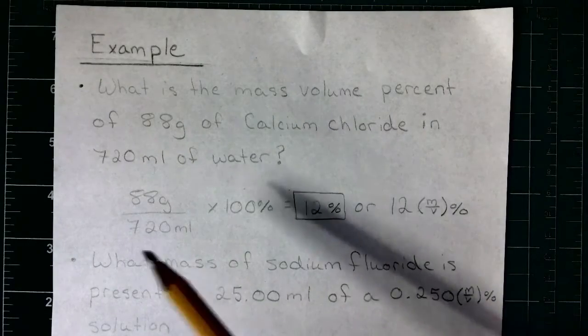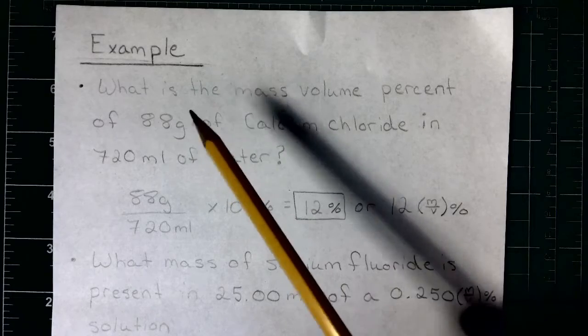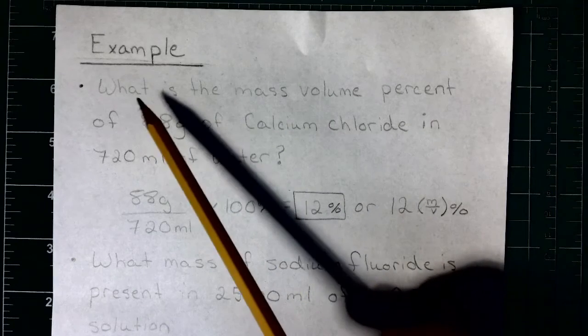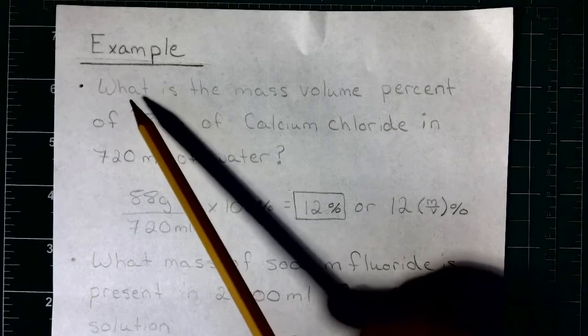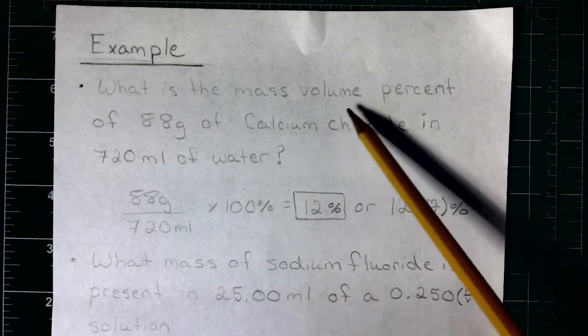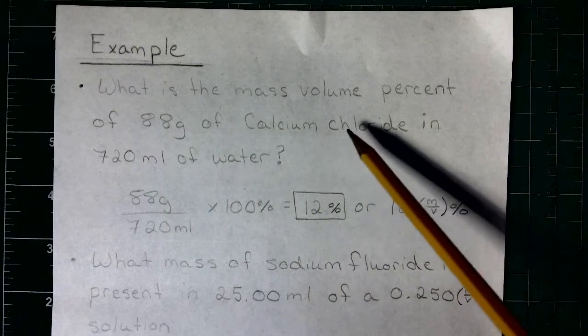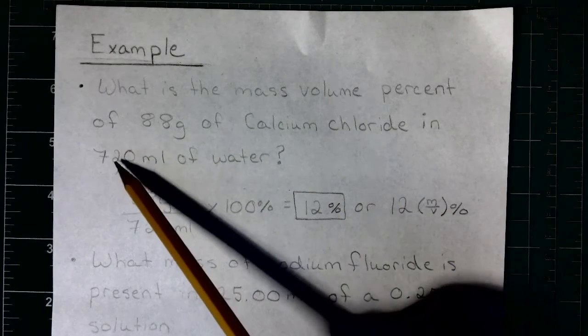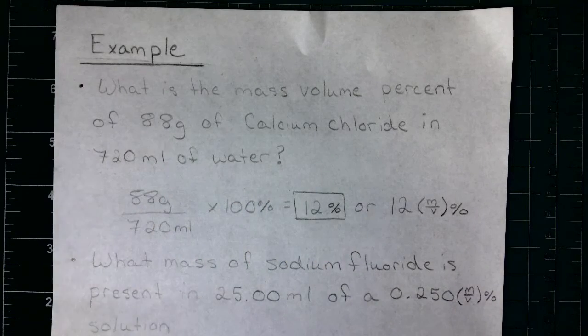So now let's talk about mass over volume percent. And I think you're going to see why I have a little bit of an issue with this unit. And so our first question is, what is the mass volume percent of 88 grams of calcium chloride in 720 milliliters of water?